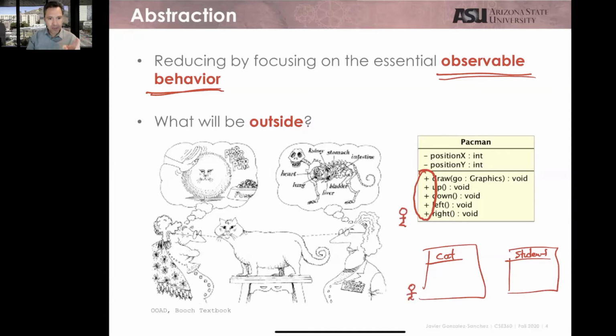When you as a programmer create one class, whatever you put public is what you are going to allow others to use from your class, the services that you're going to provide to others. Not all methods are public.